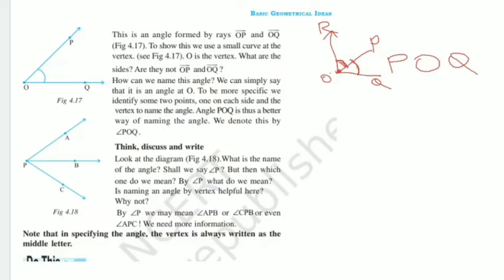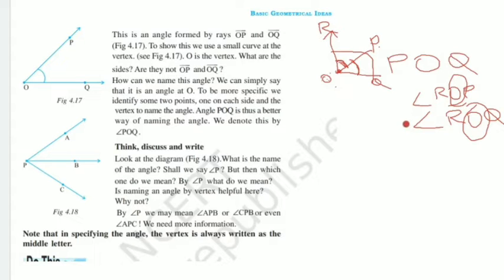This angle will be ROP. Okay. This full angle, if you are covering it, will be ROQ. This is how we name the angles. The vertex will always be in the center. So O is the vertex, and we are writing it in the center.